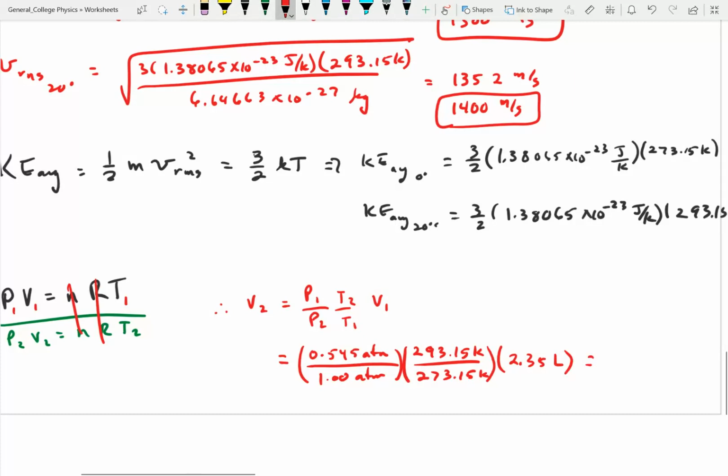I did not calculate this one either, so let's just do that real quick. Pressure initial divided by pressure final, times temperature final divided by temperature initial, times initial volume. That gives 1.37. There are more digits, but these are the only ones that are significant. Liters.